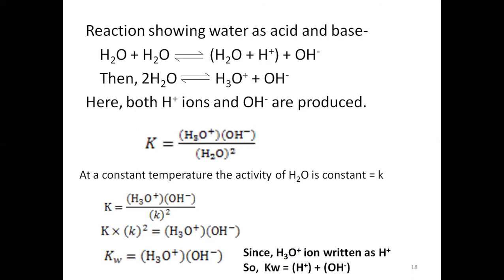At a constant temperature, the activity of water is constant, equal to K. So we can write K equals hydronium ion times hydroxyl ion divided by K squared. So K into K squared equals this, and we write this as Kw, the dissociation constant of water, like Ka and Kb. Since hydronium ion is also written as proton, we can write Kw equals proton ion activity times hydroxyl ion activity.